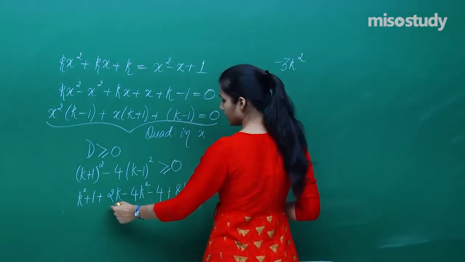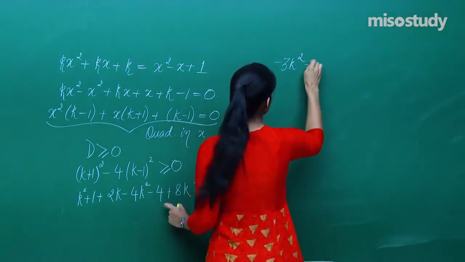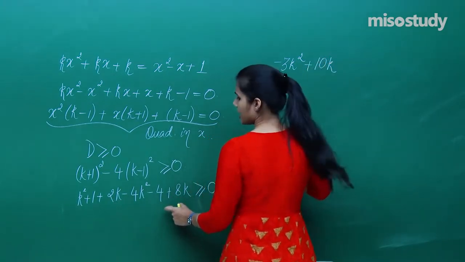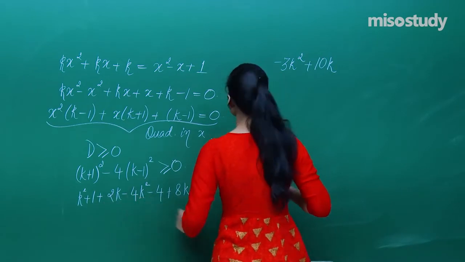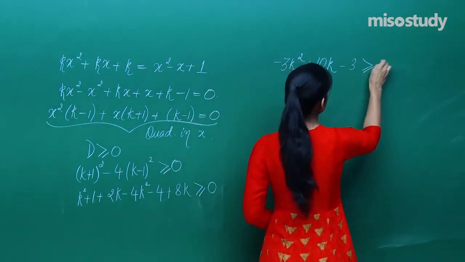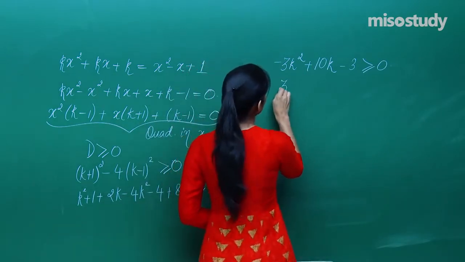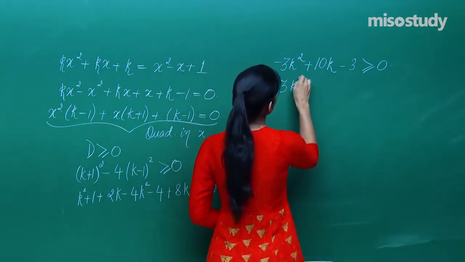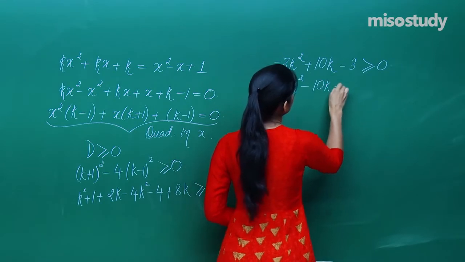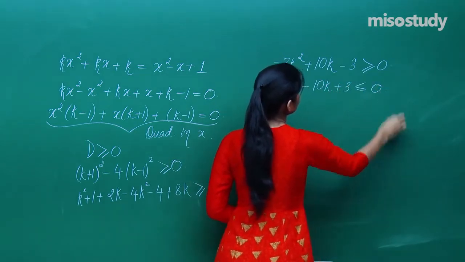Then you have plus 2k plus 8k, that is plus 10k, and then you have plus 1 minus 4, which is minus 3. Okay? This I can write as what? 3k square minus 10k plus 3 is less than or equal to 0.